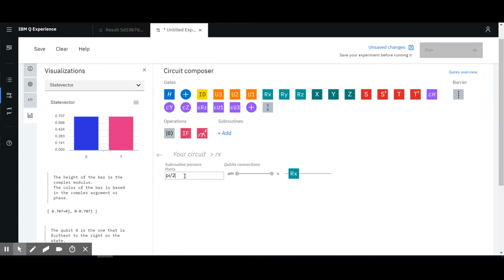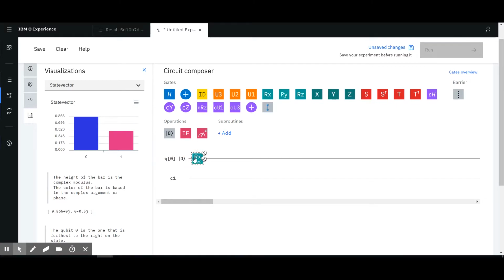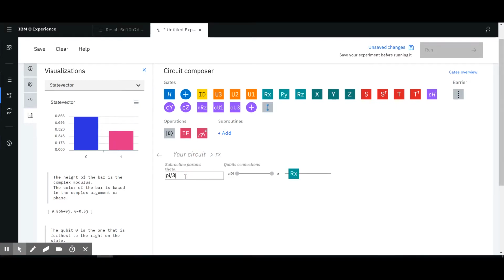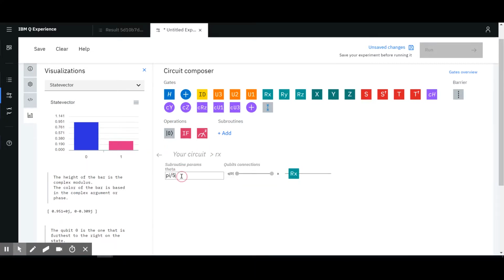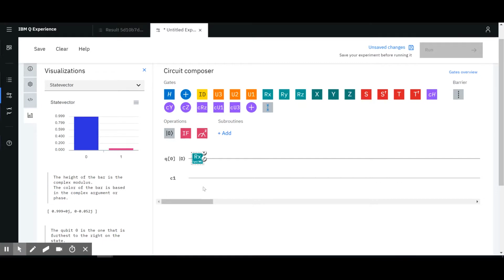So basically, as you rotate, it's super interesting. As you rotate, you're rotating less, right? If I'm at like 30, it's kind of like that.